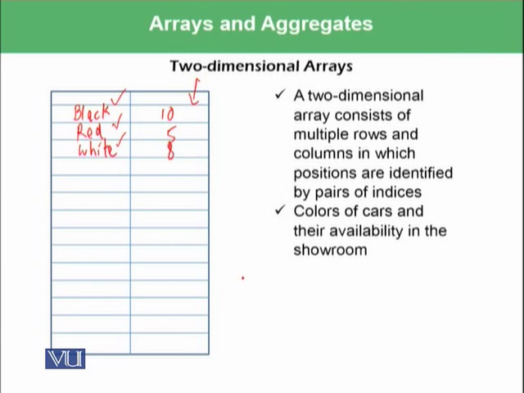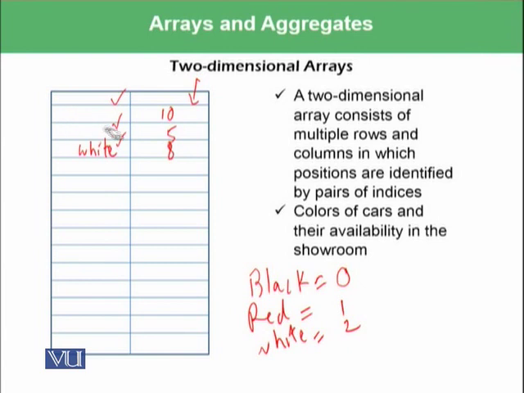So we are saying that black is denoted by 0, red is denoted by 1 and white is denoted by 2. So here you are going to write these numbers 0, 1, 2. So this column will be integer and this column will be integer. Both columns should carry the same data type.